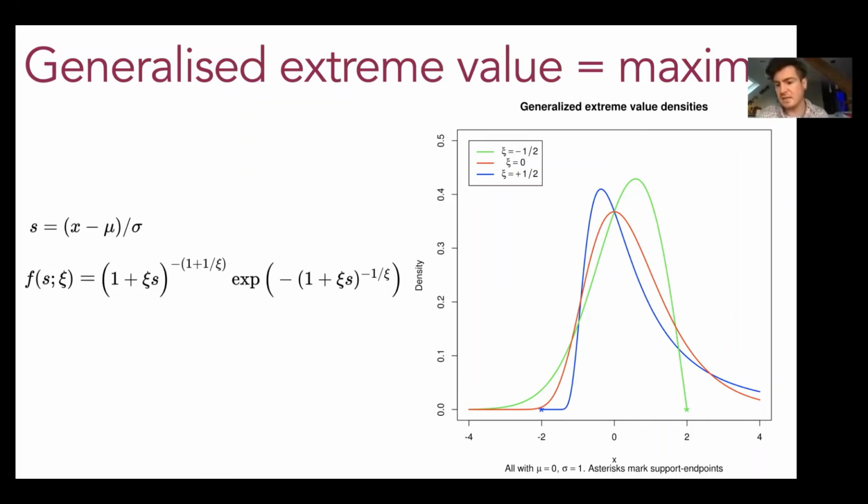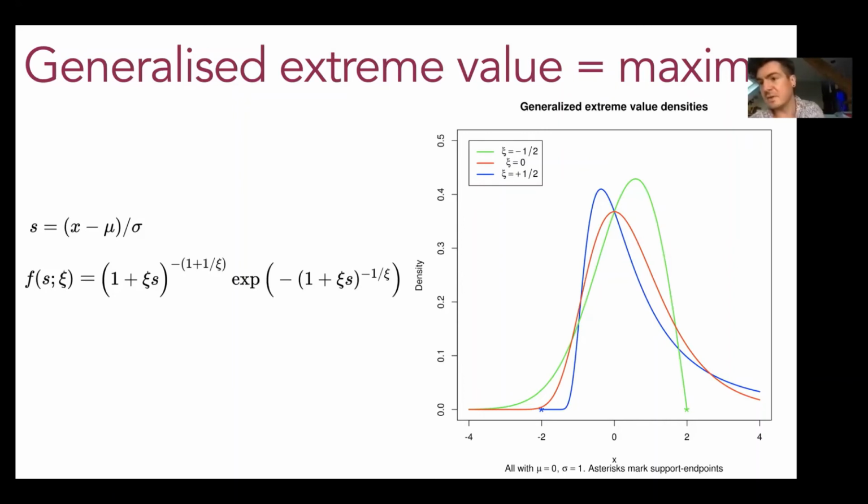You can see that when you have a positive Xi, you can have very, very large maxima that are huge relative to the average, many standard deviations away from your average value. And when Xi is negative, then your maxima tend to look pretty similar to your average value.